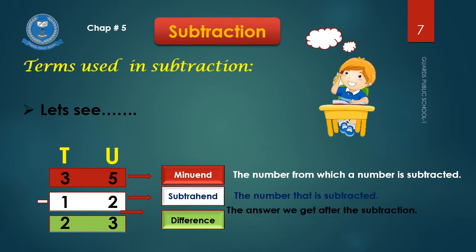Difference means the answer we get after the subtraction problem. Students, remember, when we add two numbers, the answer is called the sum. Similarly, when we subtract, the answer is called the difference.